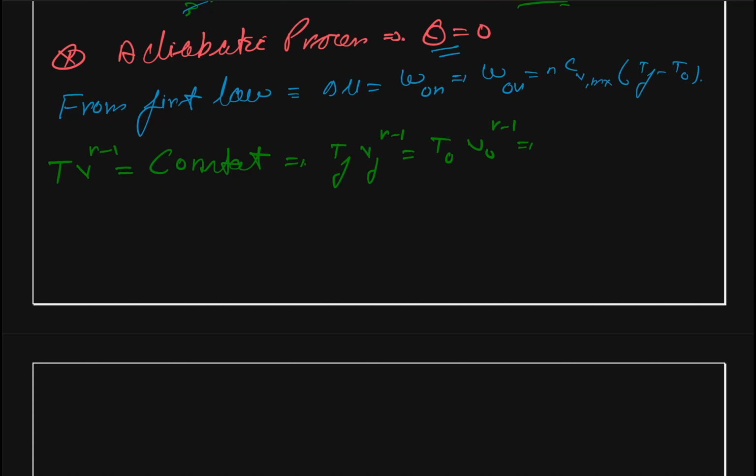Therefore, T F will be equal to T naught times V naught over V final, to the power gamma minus 1.